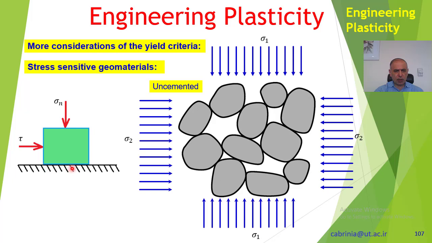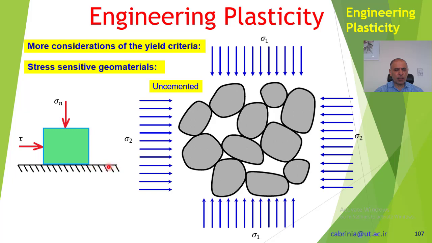If we consider a block of material like this, then we have a normal force which causes the normal stress, and we have a force acting here which we call shear stress, because it is the force divided by the area. If we want to move this block, it has to move on this surface.